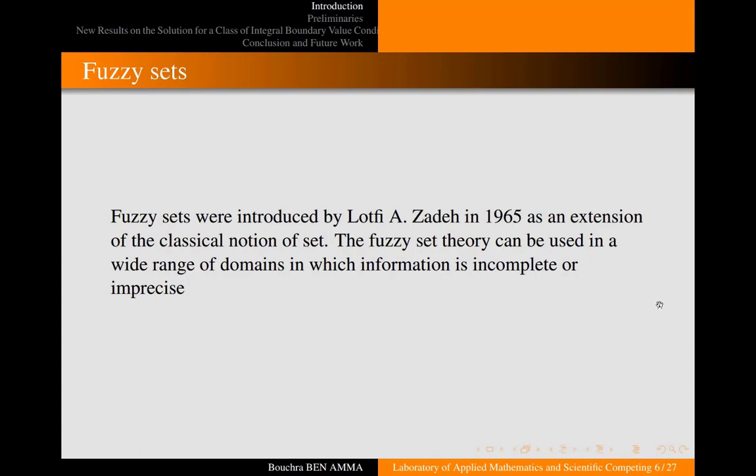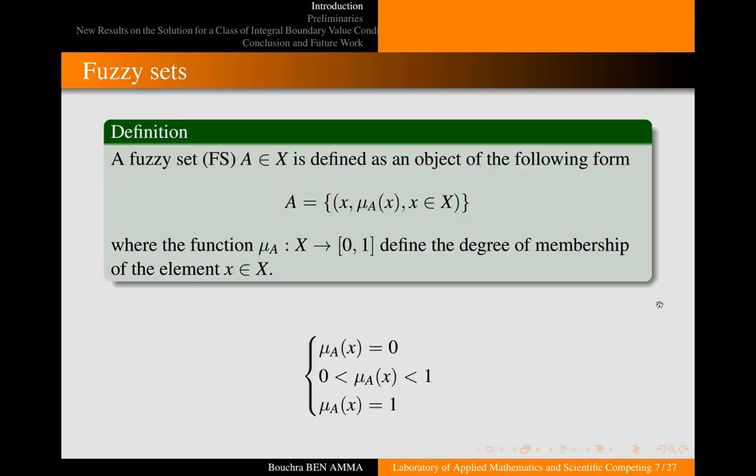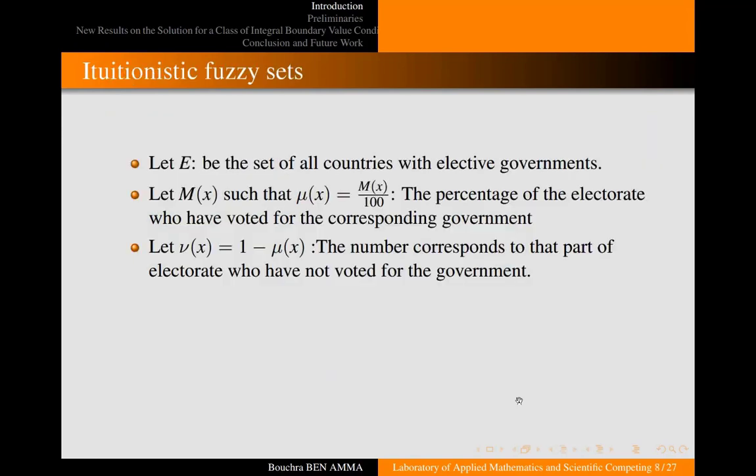It is an extension of the classical notion. Here is the definition of a fuzzy set, where this function is called the degree of membership and takes values between 0 and 1. By contrast, the characteristic function takes only 0 or 1.